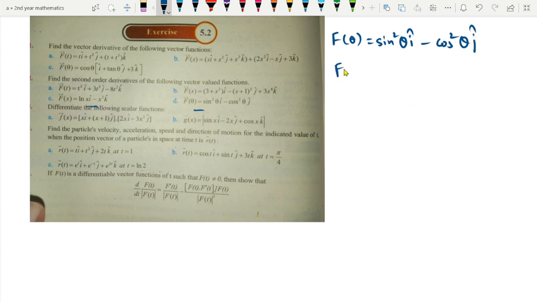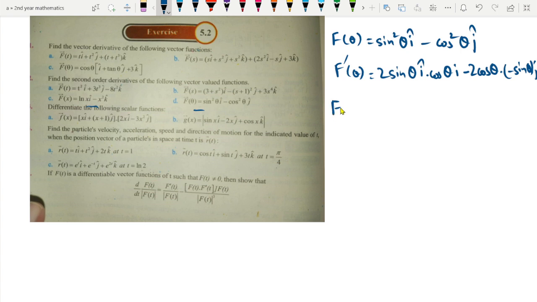So f prime of theta is equal to 2 sine theta times the derivative of sine theta, which is cos theta, i, and minus 2 cos theta times the derivative of cos theta, which is minus sine theta, j.